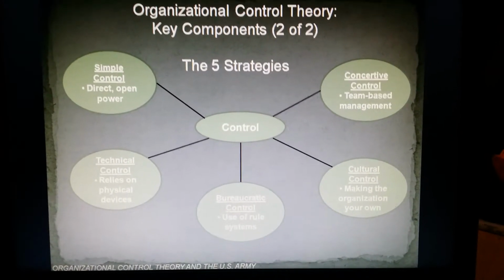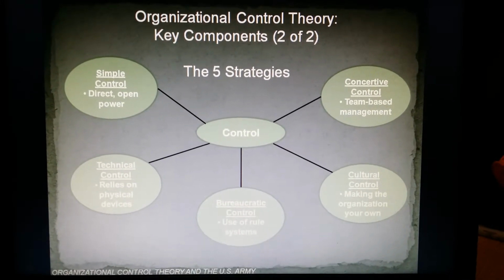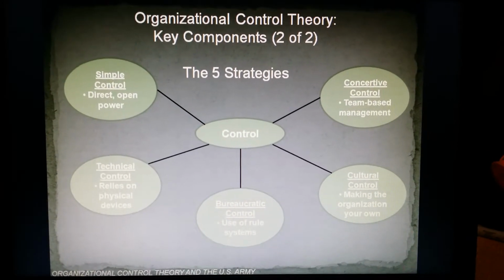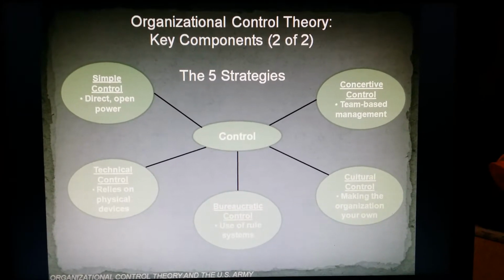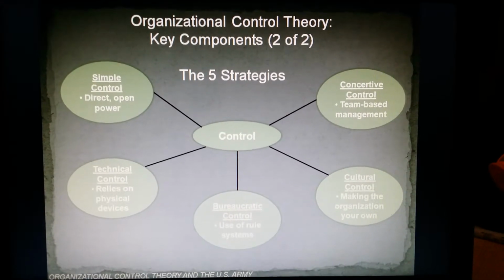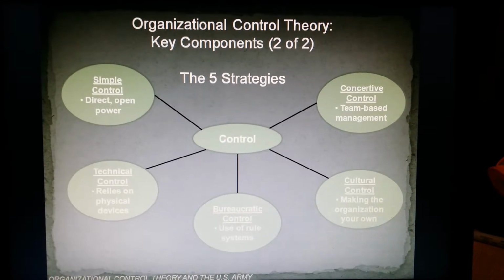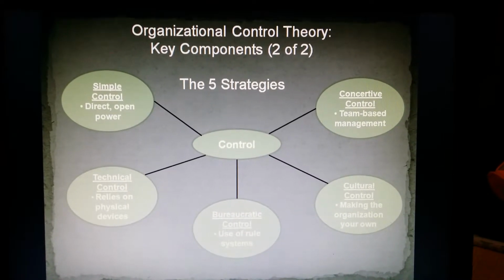Continuing with the cultural control strategy, this strategy attempts to influence members' behavior by drawing upon a communal or social aspect in which the members seek to make the organization their own and to make the values of the organization their own.